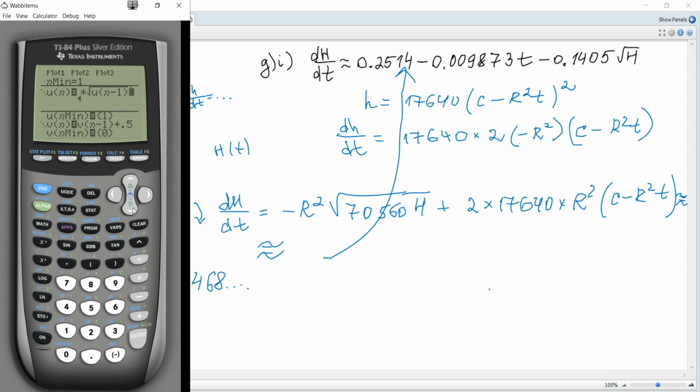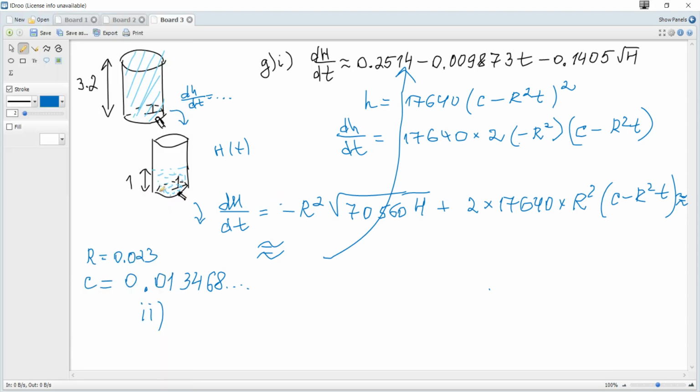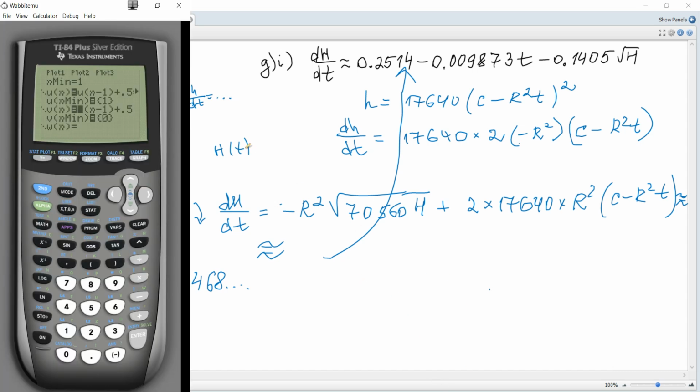The initial value of u is 1. Why? It's because capital H is for the second or lowest cylinder, and the initial height is 1 meter, so the first value of u is 1.